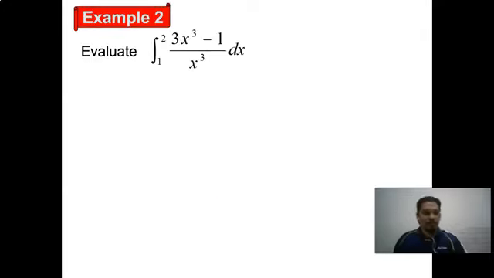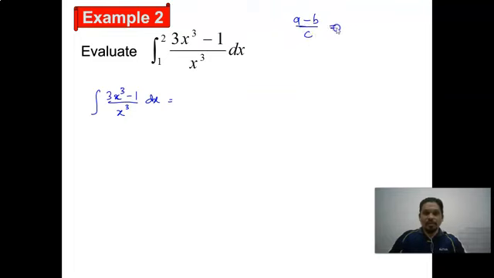Okay, evaluate this one here now. The integral of (3x cubed minus 1) divided by x cubed dx. Let's separate this into two parts. It's just like (a minus b) divided by c.